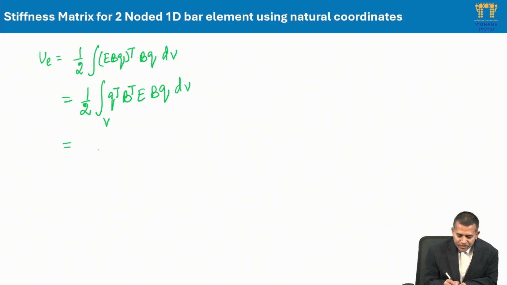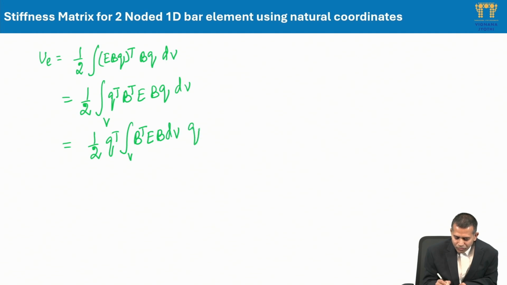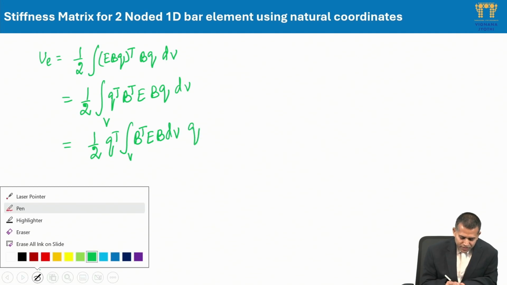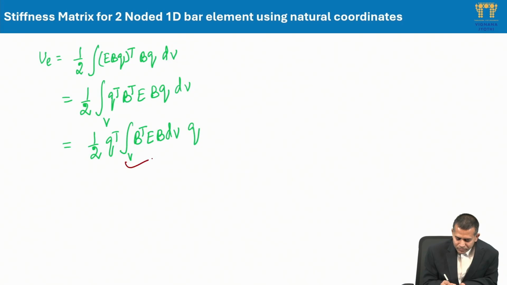If you rearrange these terms, you will get half Q transpose into the volume integral of B transpose E B dV into Q. Now this term, if you see, is nothing but your element stiffness.